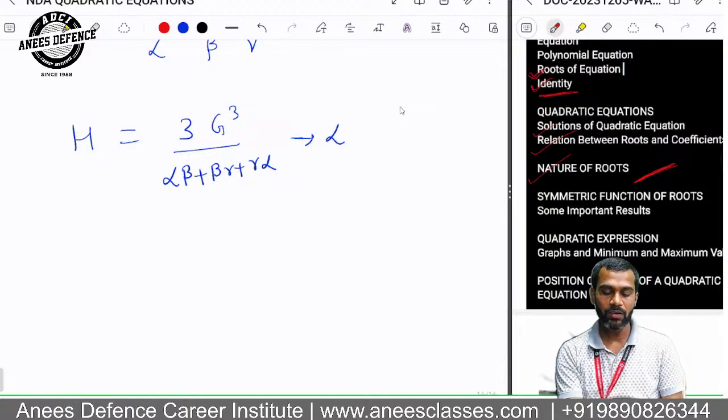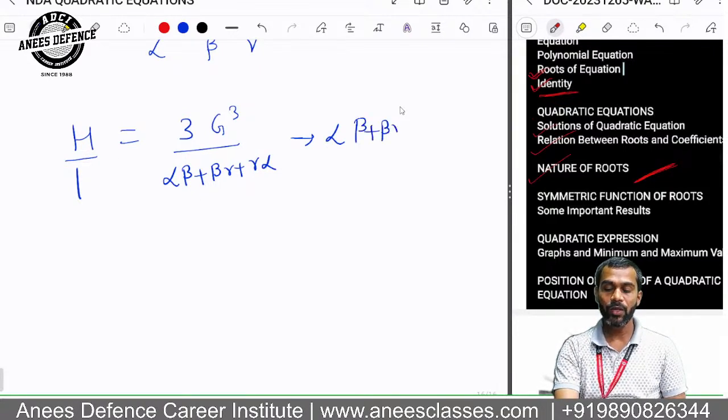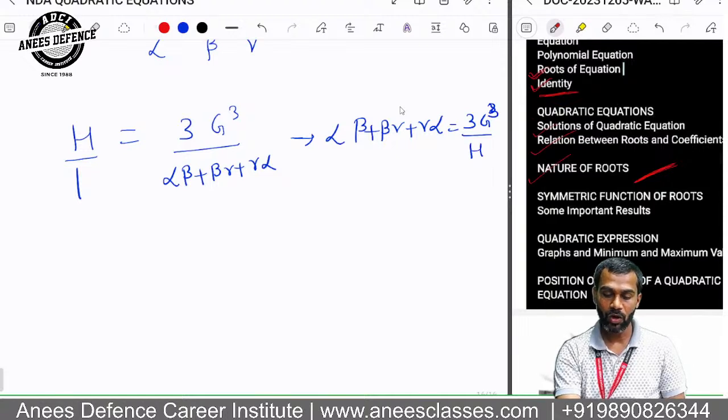Yes or no? I mean, we can just replace the positions of H and alpha beta plus beta gamma plus gamma alpha. So tell me, alpha beta plus beta gamma plus gamma alpha is equal to 3G cube upon H. Is there any doubt? I hope it is clear. So now we have got all the coefficients. Yes or no?